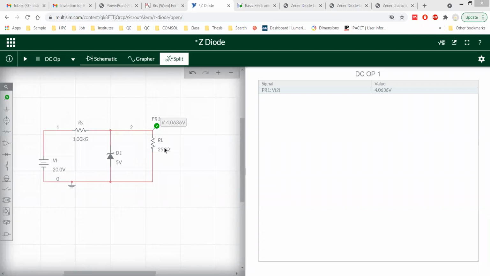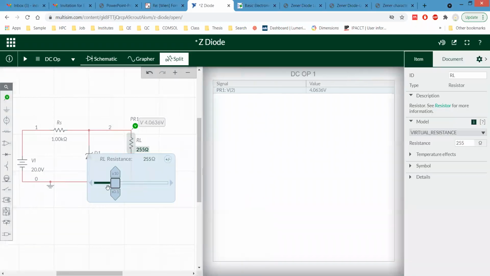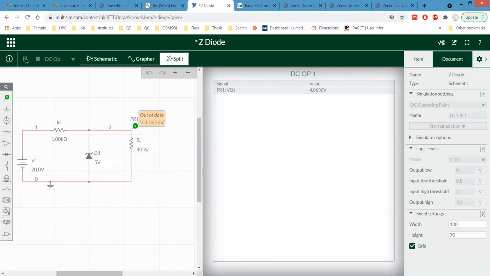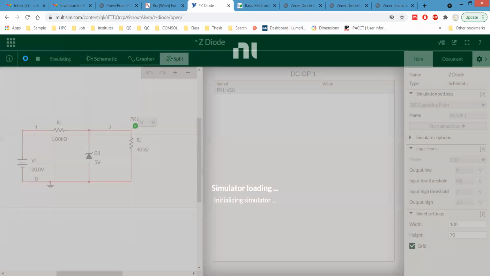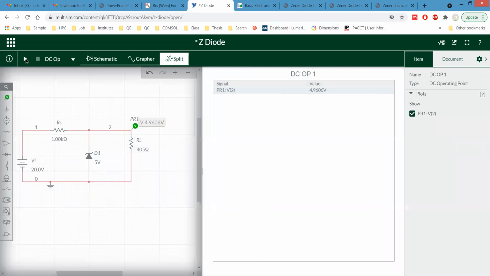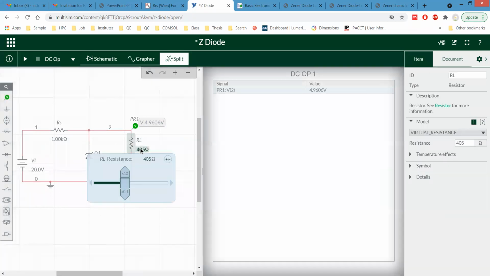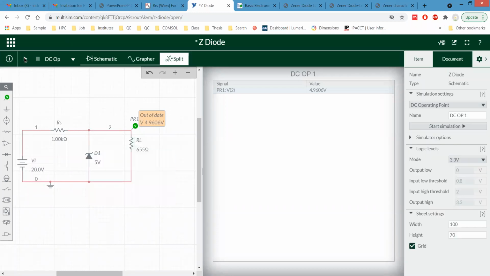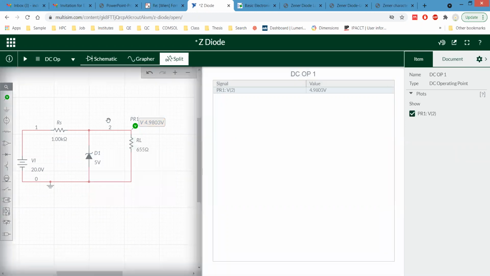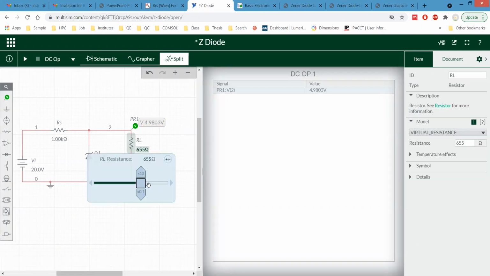Now for 400, the voltage is 4.960. Okay. Let's change it to 600, 4.9803. Okay, so it is giving a much more realistic answer.